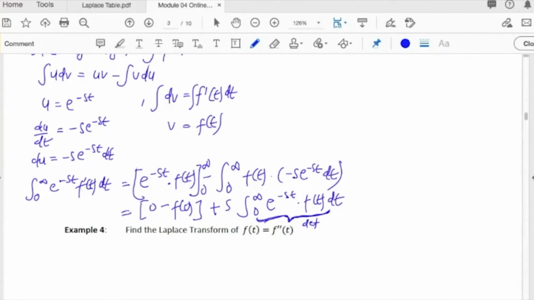So we can also write this as equal to 0 minus f(0) plus s times, going back to your definition, the same as if we apply the Laplace transform to our function f(t).